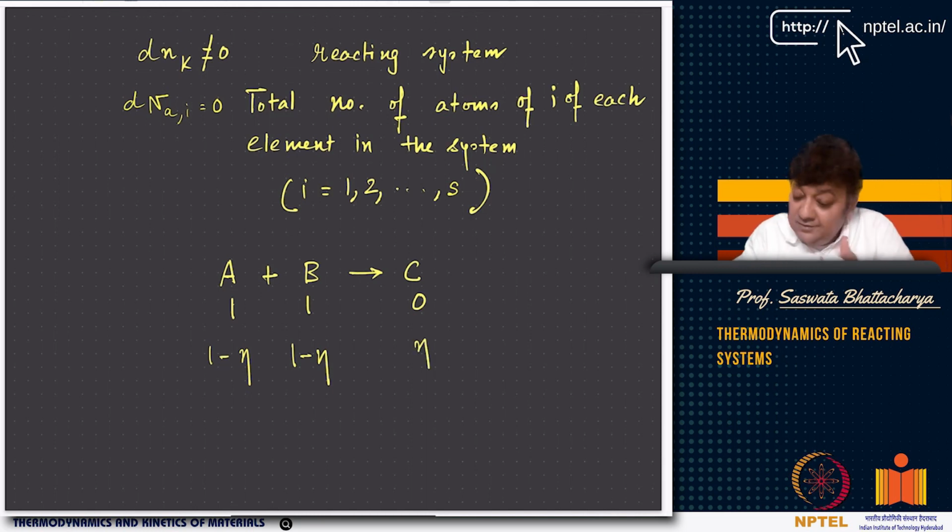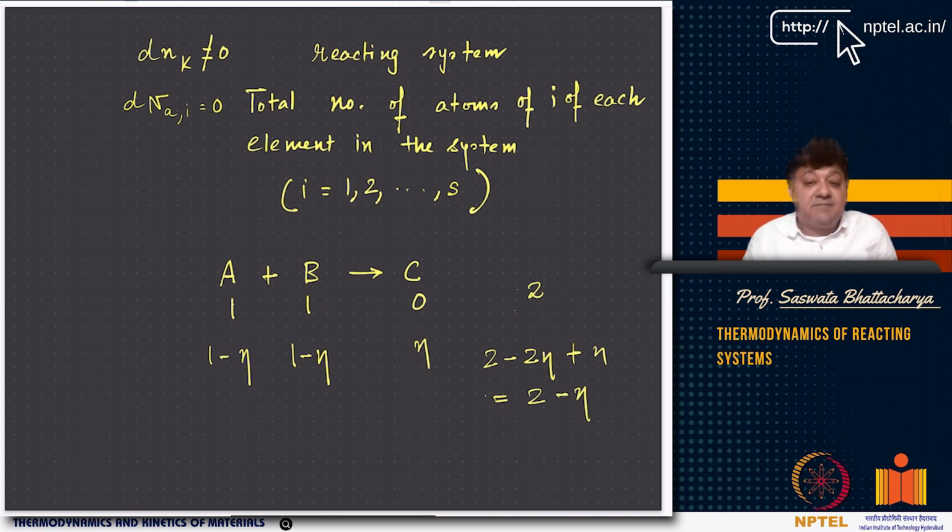Starting with 2 moles of A and B, now you have 2 minus 2 eta plus eta. So 2 minus 2 eta plus eta is your number of moles, which has become 2 minus eta. Now 2 minus eta and 2 are not the same, right? So dnk is not equal to 0.